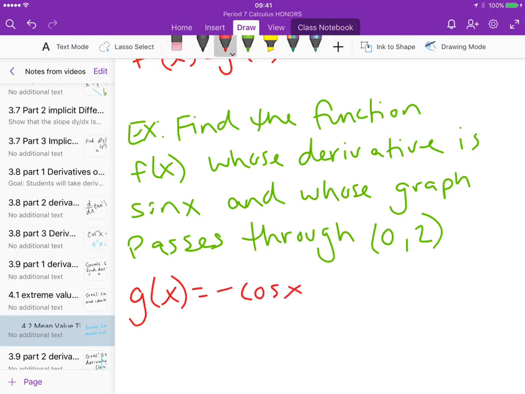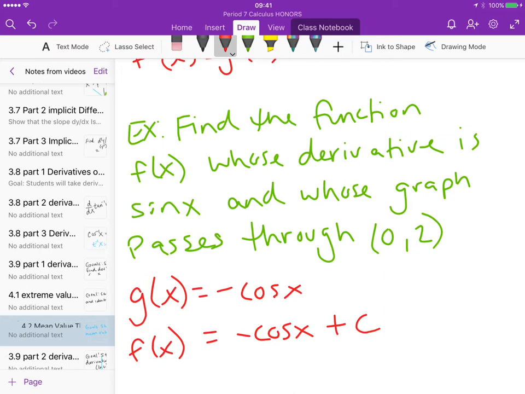So that's what's going to give us a sine x. So to make this different, we know that f of x had to have been negative cosine of x as well too, but there is some different constant that was a part of it as well. And so the only thing that we got to figure out here is, well, what the heck is the constant going to be?